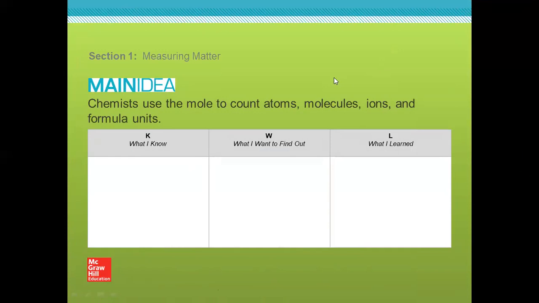So, what's meant by mole at the beginning of the session? The word mole means to count atoms, molecules, ions, and formula units. That's why chemists use it. Who can answer me? What's meant by mole?